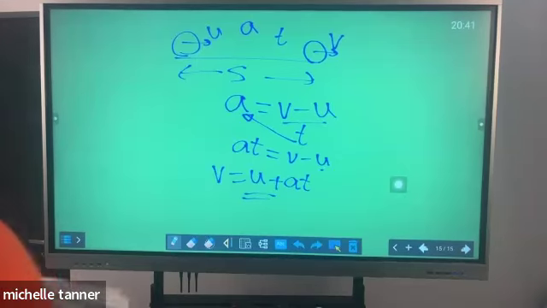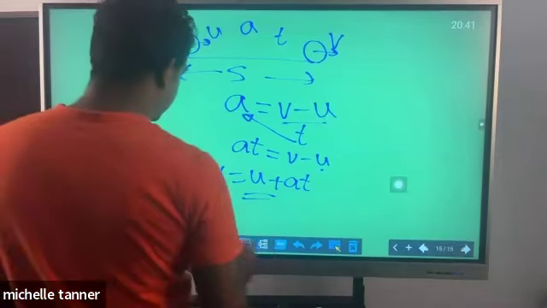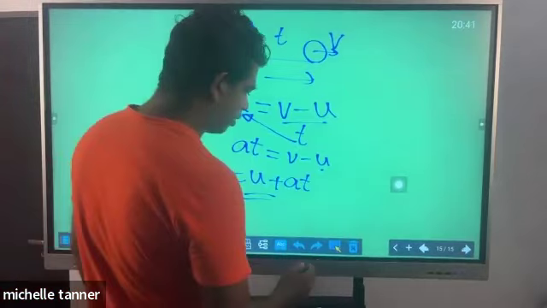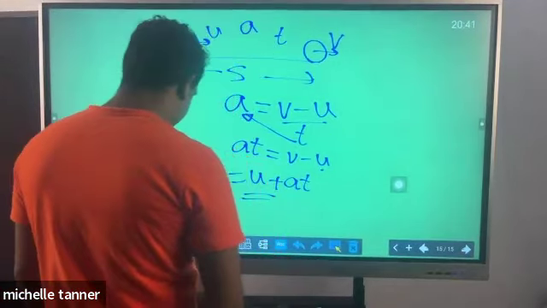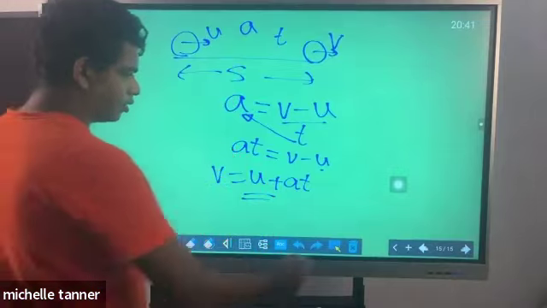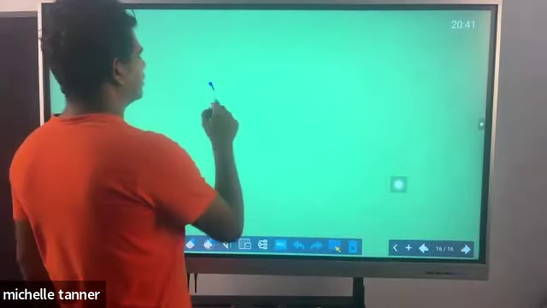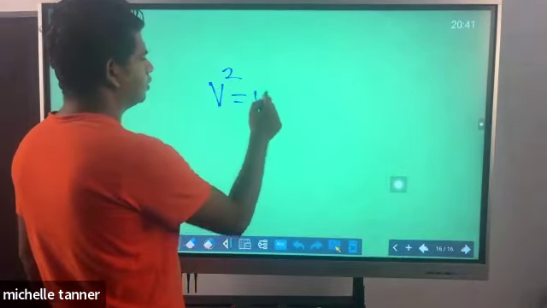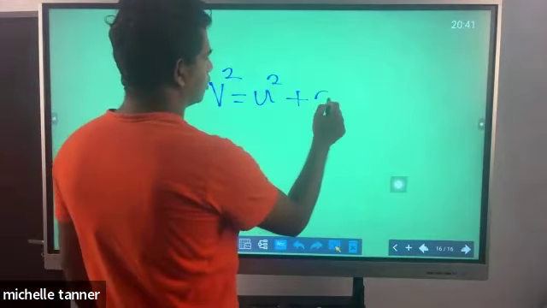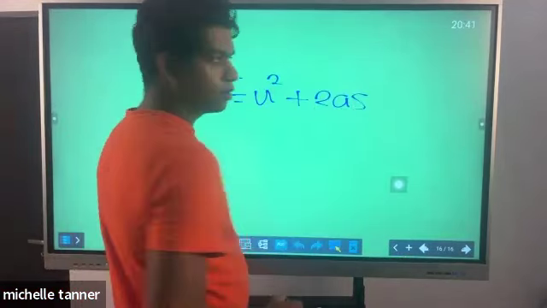Okay, sir. Finished. Right. There are other equations of motion, but you don't need to know how to prove them. I can show the proof, but the next equation is v square equals u square plus 2as.